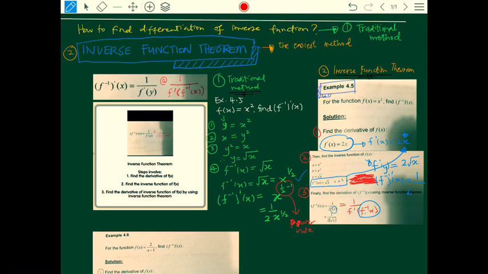So it becomes 1 over 2 square root x. This is the final result. You may need to do it again by yourself, otherwise you will get confused on how to apply it. Actually, it's very simple and very straightforward.